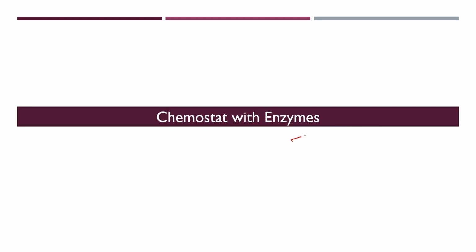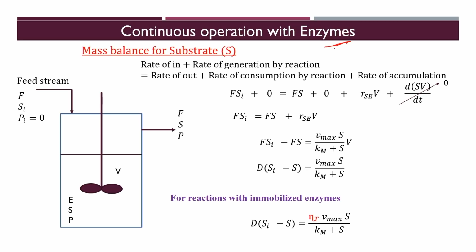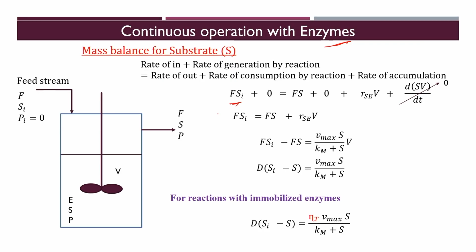Now, we will quickly go through the chemostat with enzyme systems. In continuous operation with enzyme, we do the same mass balance. Since this is enzyme, there will be no mass balance for the biomass, so we go directly to the mass balance for the substrate. Rate in is F into Si, rate of generation 0, rate going out F into S, rate of utilization is RSE, and let us consider this follows Michaelis-Menten kinetics.